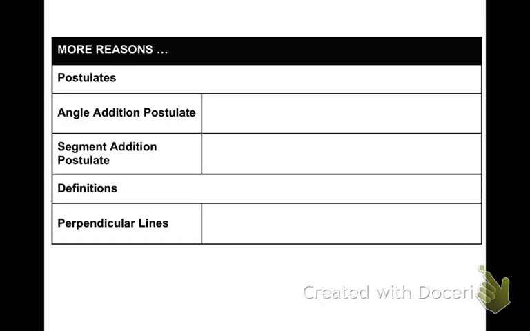Let's say the measure of angle ABC would be equal to the measure of angle ABD plus the measure of angle DBC.